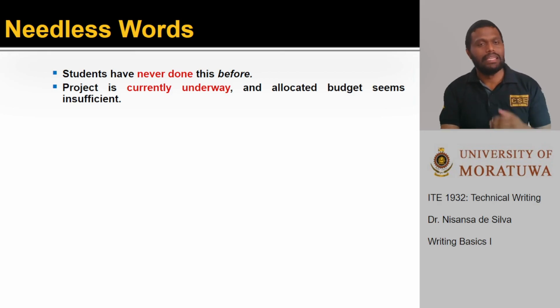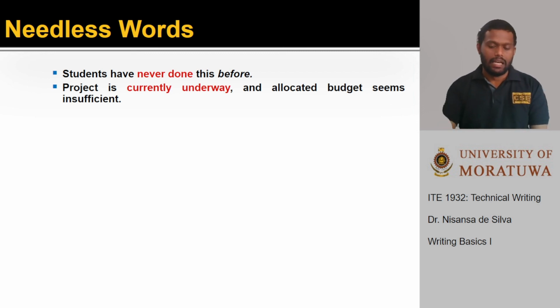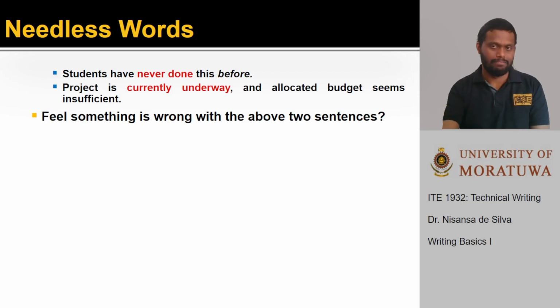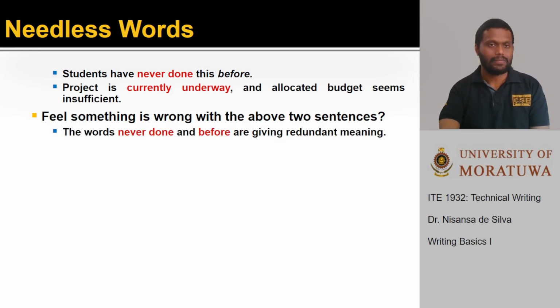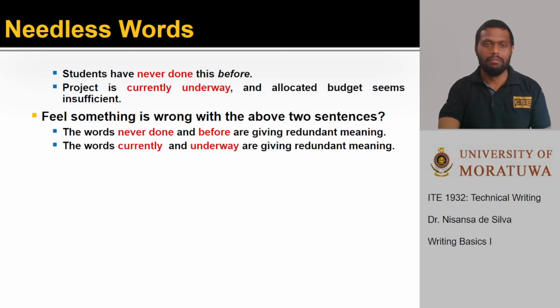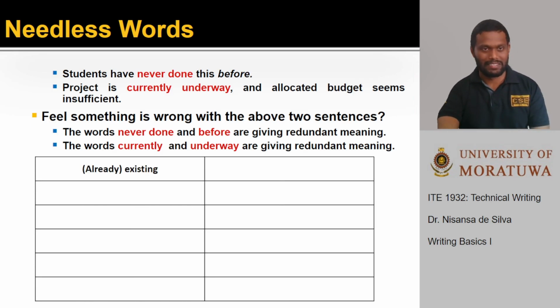If something is underway, we know that it is currently happening. So these excess words do not carry any important information. So never done and before will be redundant. Same with currently and underway. Let's look at some more examples.